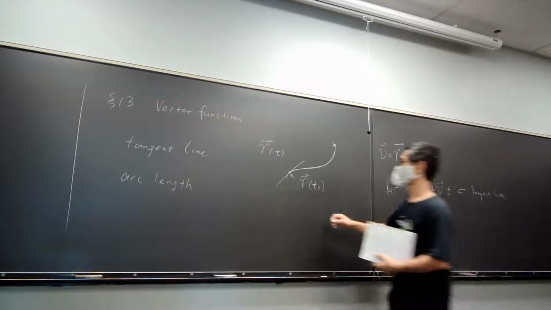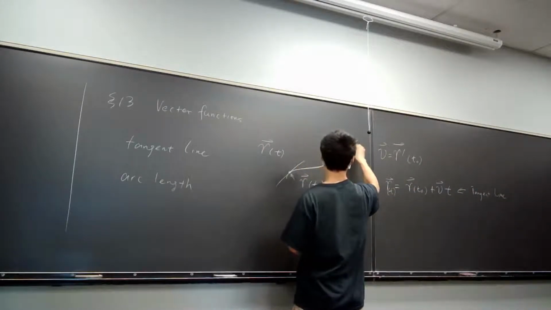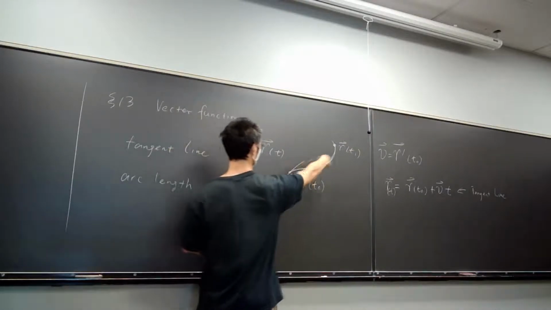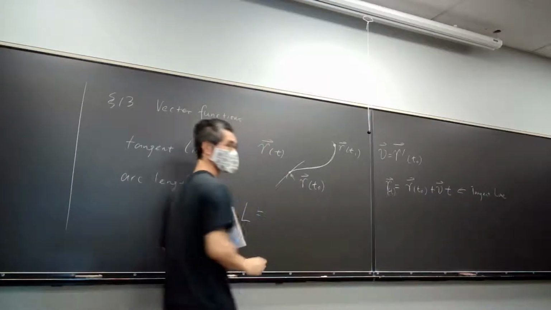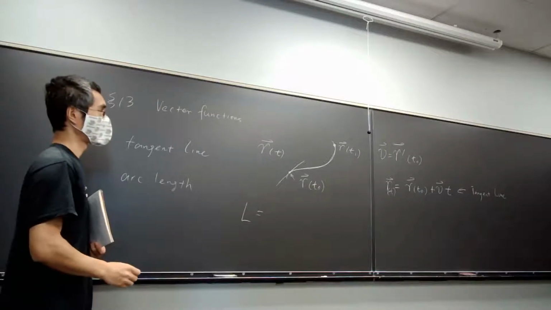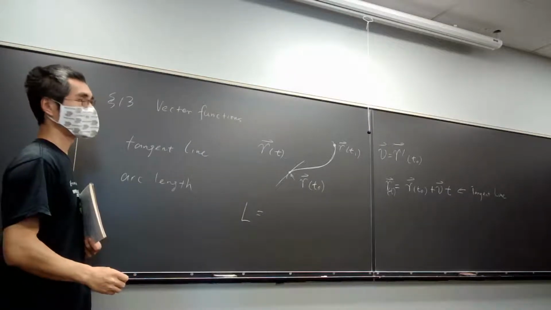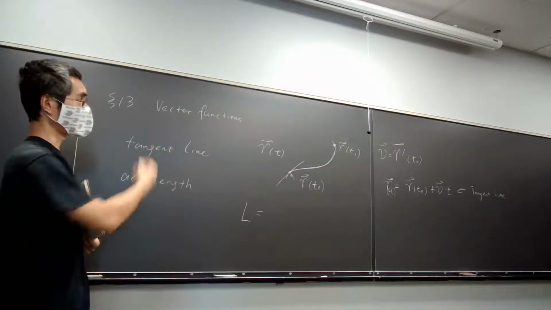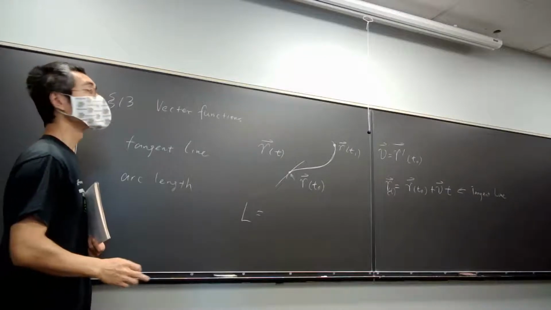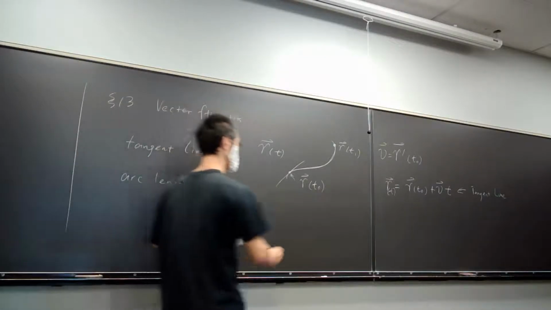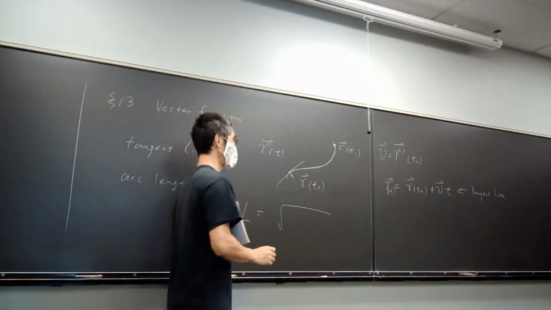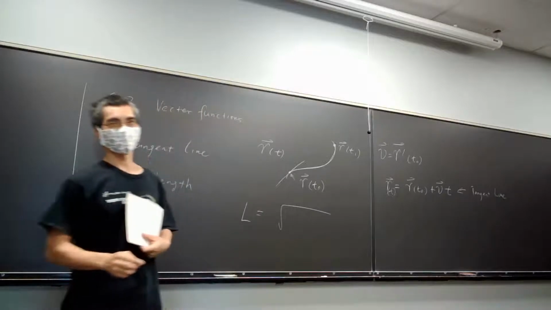And the arc length, say from t naught to t1, the arc length L equals, remember? How do you find out the arc length from a point to another point? So it's a square root. And then whatever squared plus whatever squared.